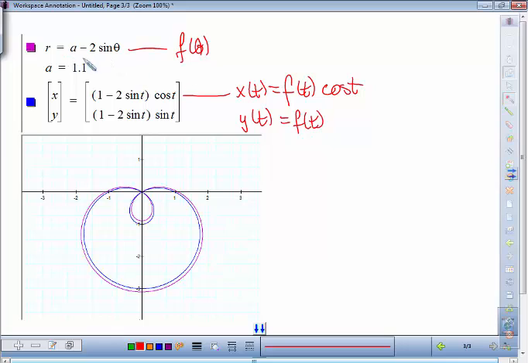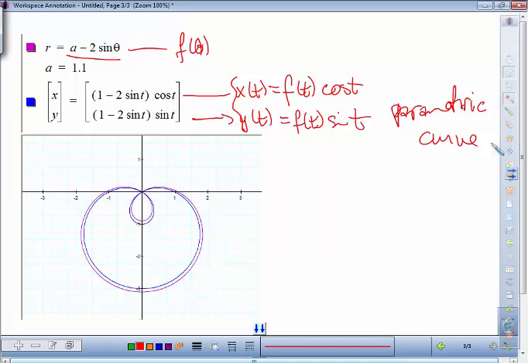So f is just this function, except instead of putting theta in, we'll put t in, times sine of t. So this will constitute your parametric curve. Parametric form, and then you can adjust your t's accordingly. If you go from 0 to 2 pi, then that's your 0 to 2 pi for theta that you're doing.